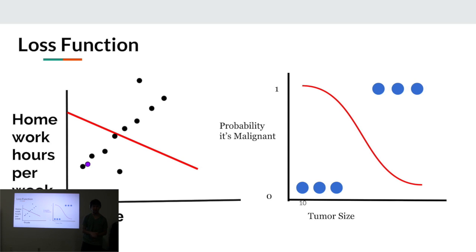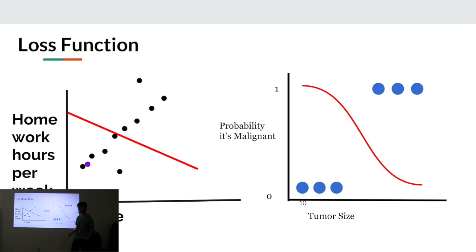Okay. And so finally, we're going to be going over the concept of a loss function. The idea of a loss function is that if we have our linear model and take a random guess and make a random set of predictions, we can see that this set of predictions is pretty bad.